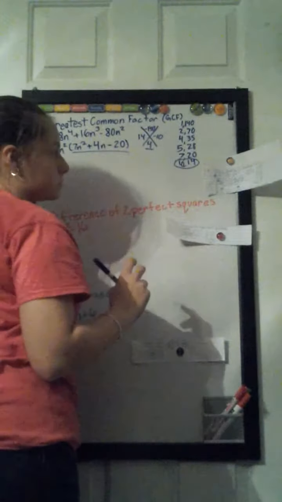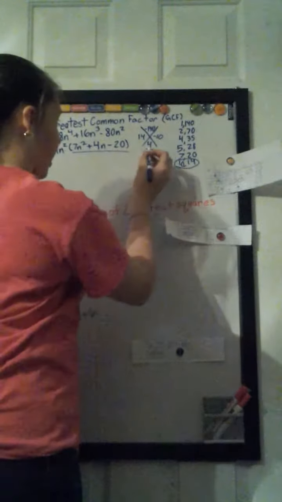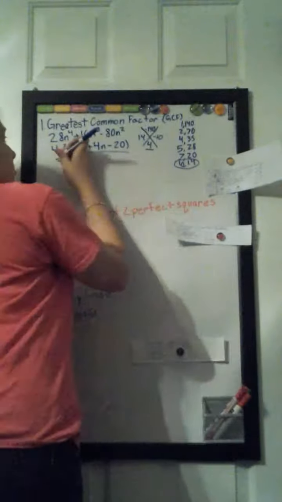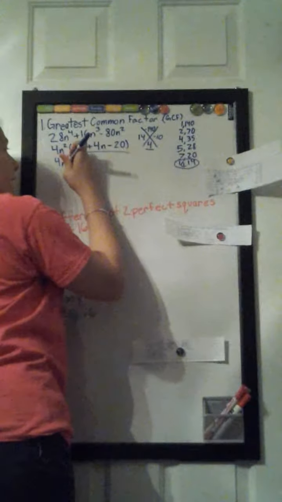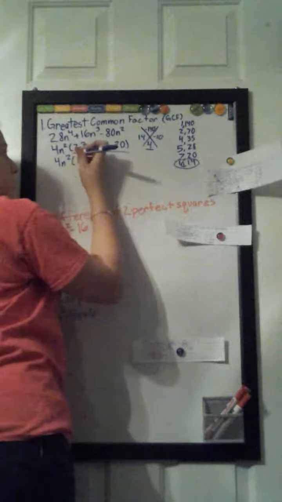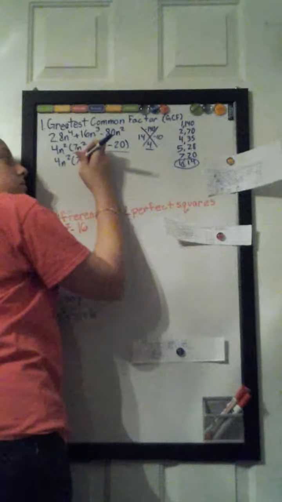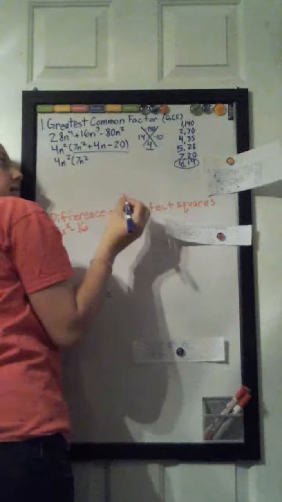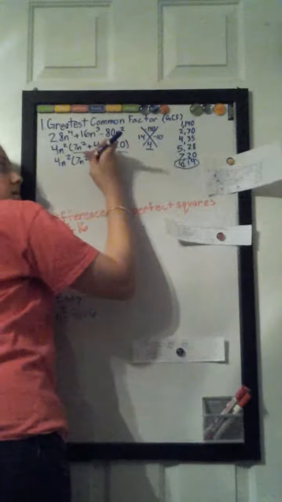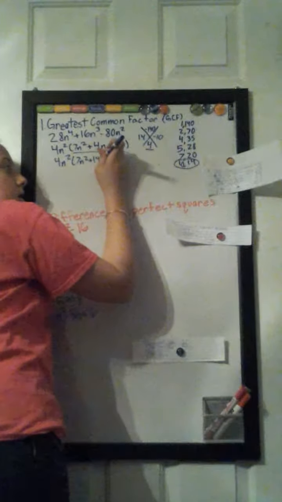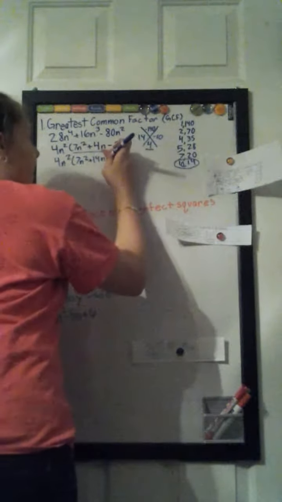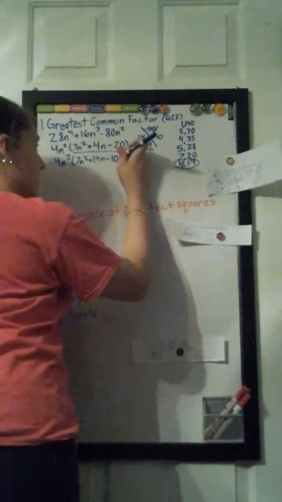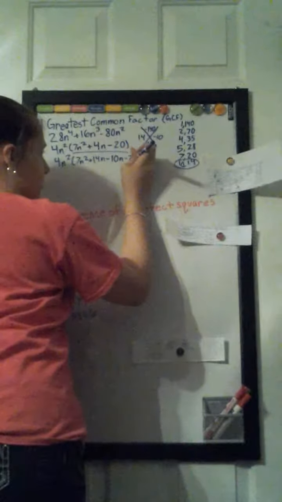After you do that, you bring the 4n squared down, do a parentheses, bring the 7n squared down, and then plus 14n minus 10n minus 20.